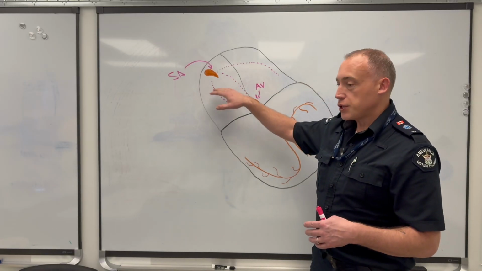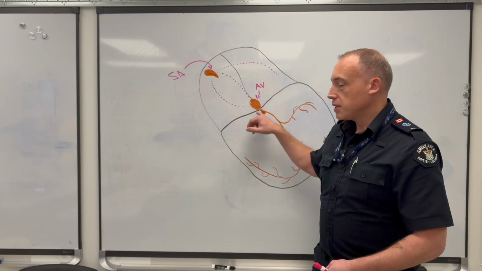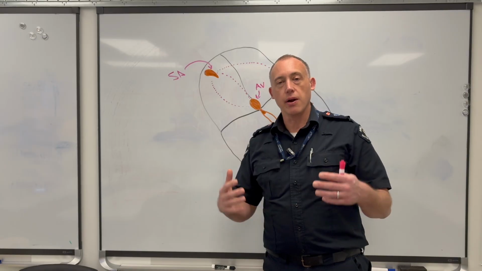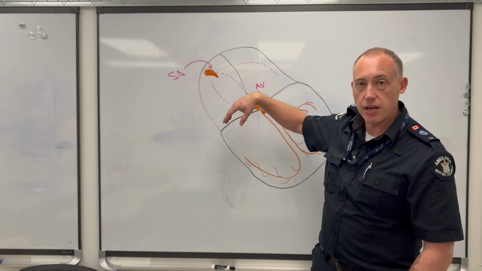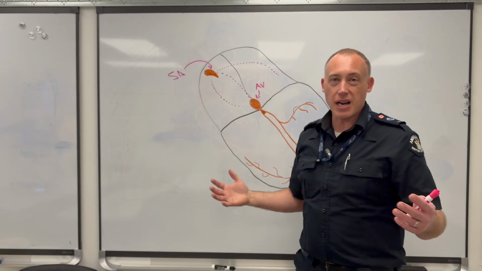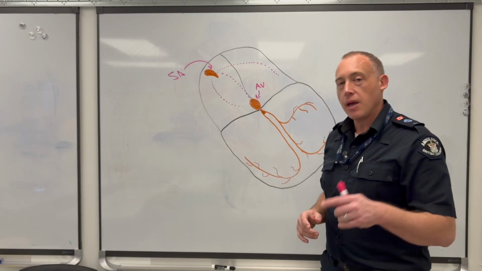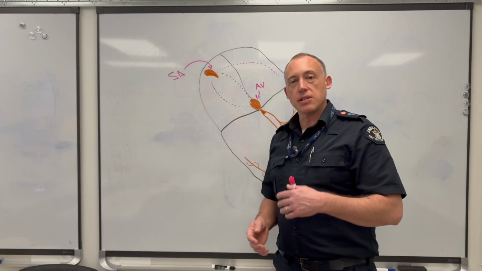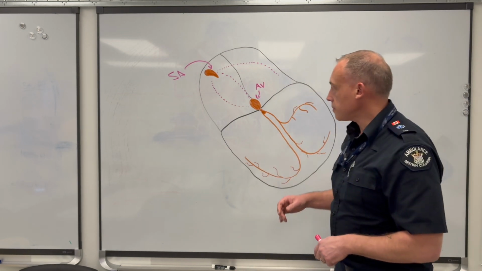Because the sinoatrial node kicks off things more frequently, the inherent automaticity of the AV node is suppressed by the fact that it's getting stimulation from the SA node down through the atria. So it doesn't really need to do anything. It's just doing what the SA node tells it to, until we get to a disease state. And we'll talk about this automaticity as we talk about the different types of heart blocks.